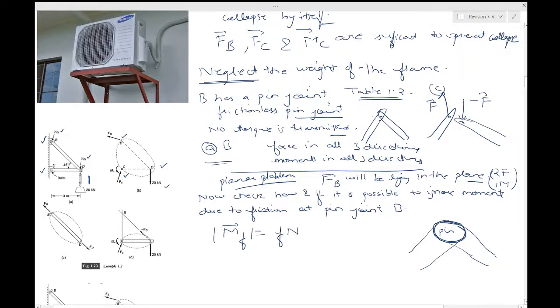F is the friction coefficient, and small r is the radius of the pin.